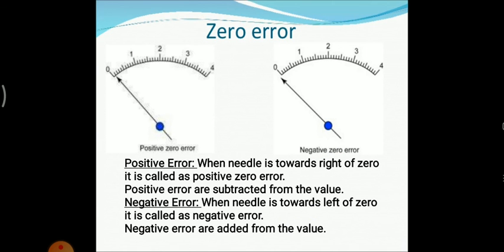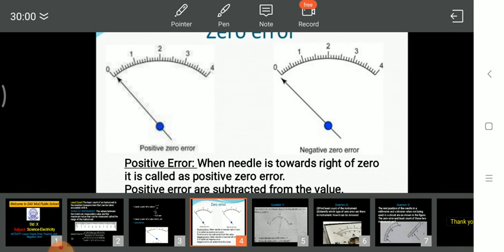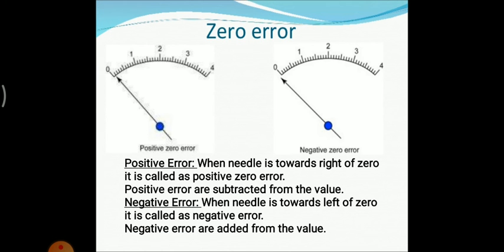If you consider the origin 0 as the mean position, whatever is towards the right of 0 is termed a positive error, and whatever is towards the left of 0 is termed a negative error. Negative errors are always added to the value you are measuring with this instrument.